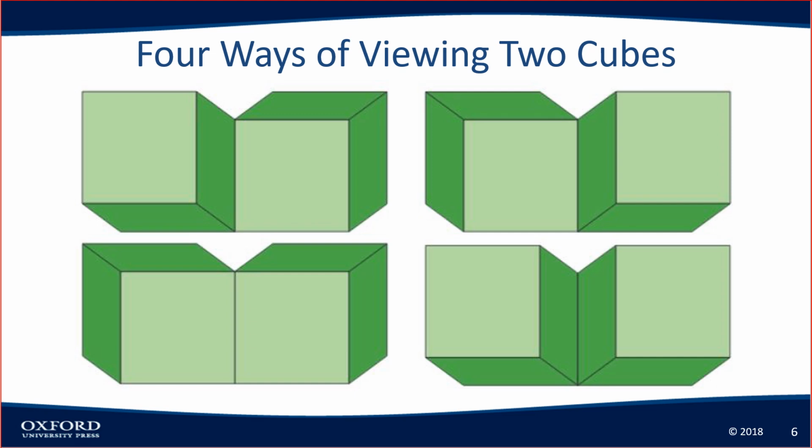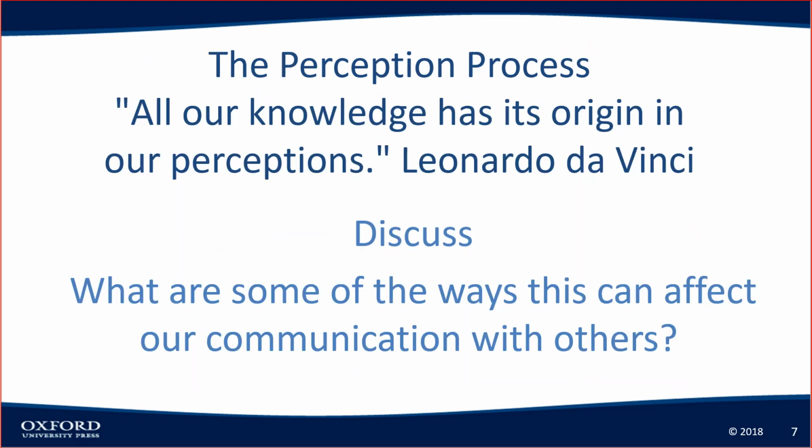Our second order of reality is when we start to attach meaning to the first thing or situation that we see. Our knowledge has its origin in our perceptions. So what are some ways that this can affect your communication with others?